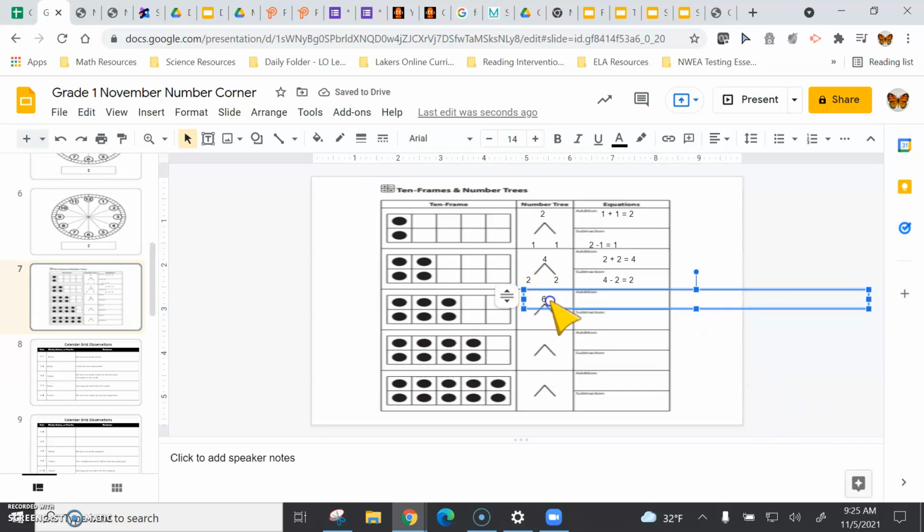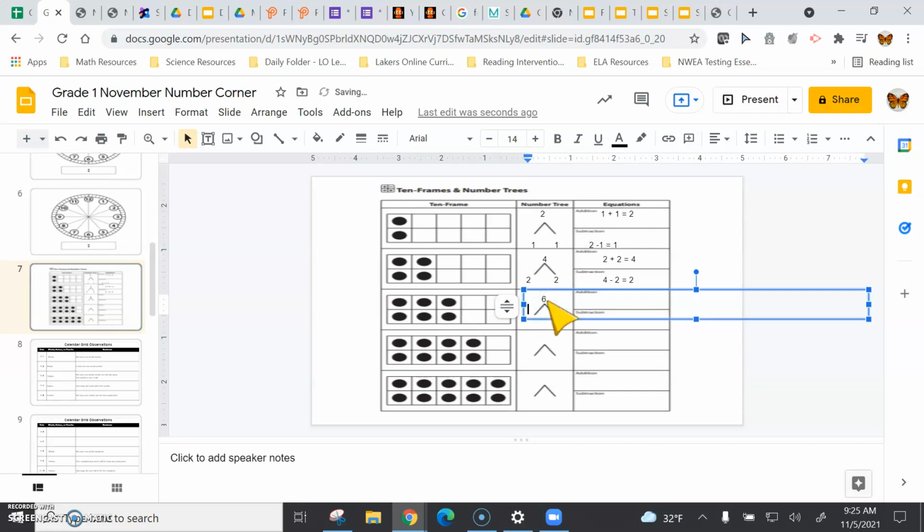And then we are going to add the 2 parts. We have 3 parts on one side, and we have 3 parts on the other side. We are then going to write out a math equation. What do you think that equation will be, class?